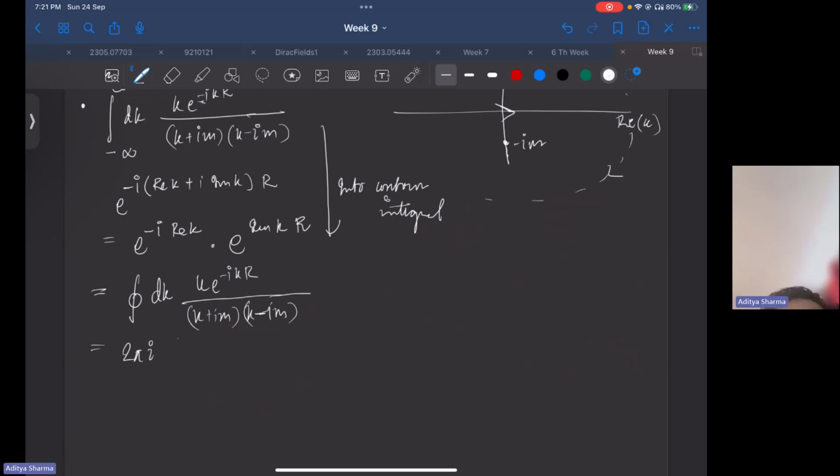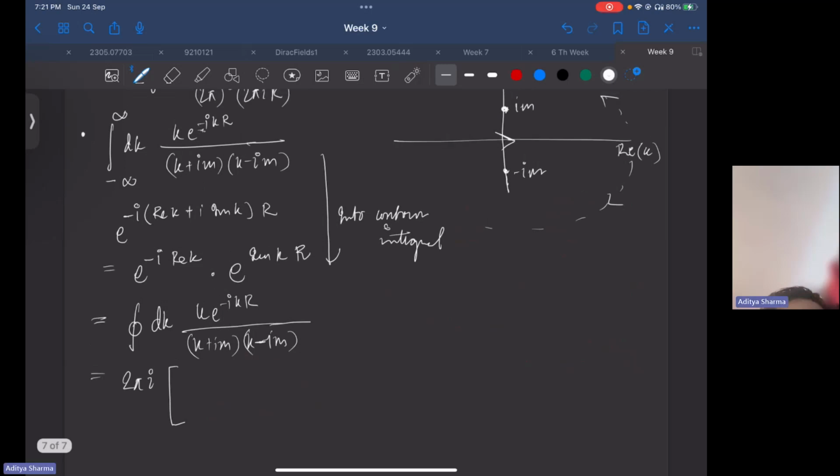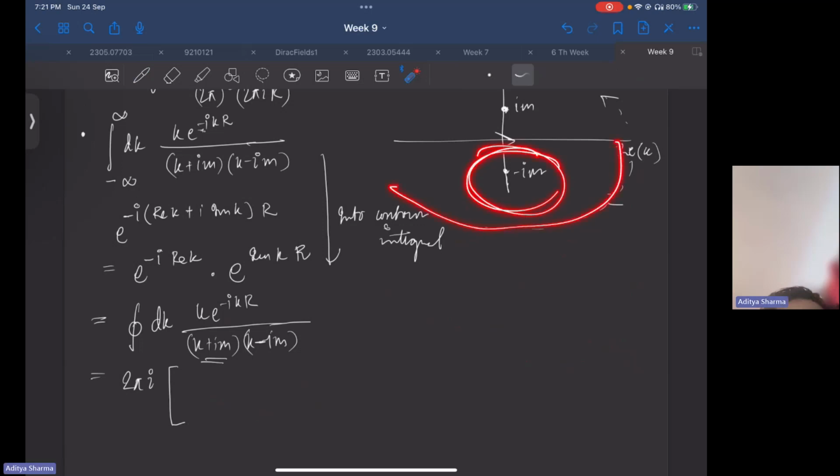In calculating the residue, this portion becomes zero; remove this because this is a simple pole and put the value here.